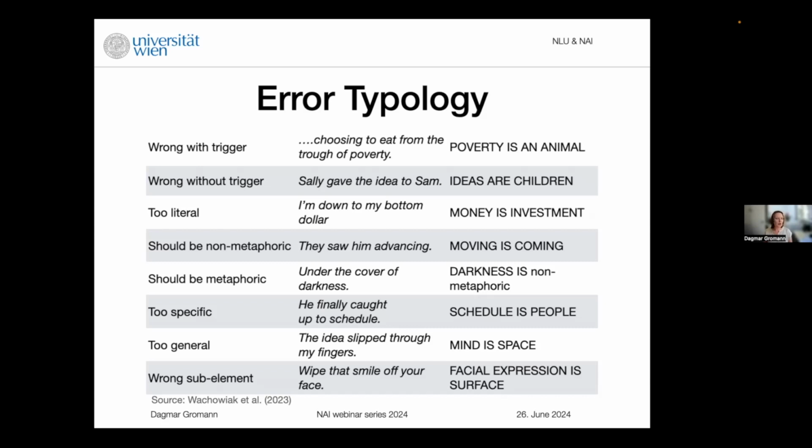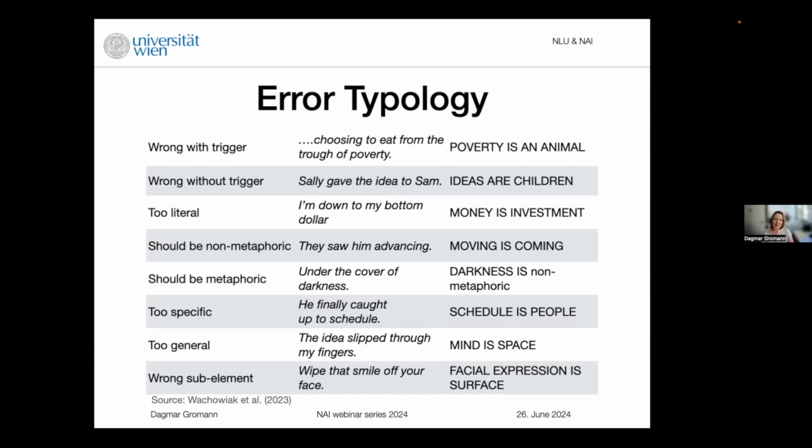Some examples should not be metaphoric, or some were predicted as not metaphoric, but they should be metaphoric. Sometimes the domain is, if you compare it to a knowledge tree, too far down in the hierarchy, so it's too specific, or too far up, so it's too general to really present a good conceptual metaphor.